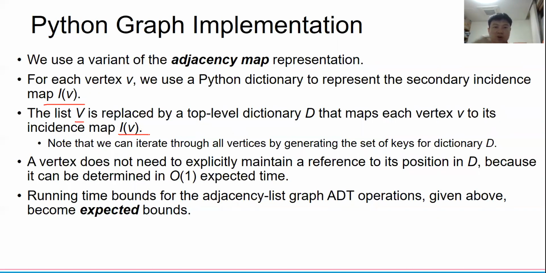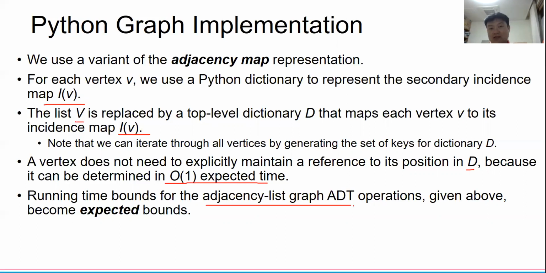So we can iterate through all the vertices by generating the set of keys for dictionary D. V is the key and the values are the adjacent edges. A vertex does not need to explicitly maintain a reference to its position in D, because it can be determined in O(1) expected time.